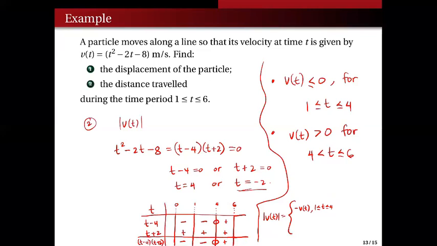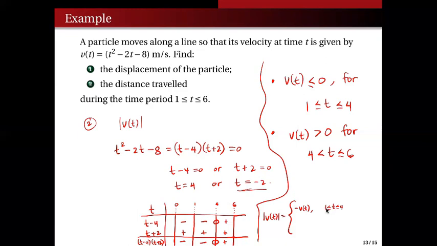Remember, absolute value, if it is negative, you make it positive, correct? The absolute value of negative 2 is positive 2, or that's the same as negative of negative 2. Following?